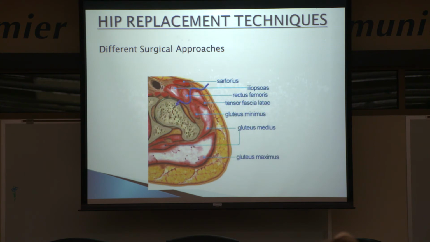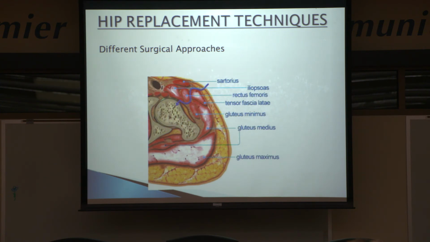If I do a posterior hip approach, which is probably the most common way hip replacements are done in the United States, I typically have an opening that curves towards the back side. As a surgeon, I have to go through some things to get down there. The gluteus maximus is our big buttock muscle, so I have to split into that.